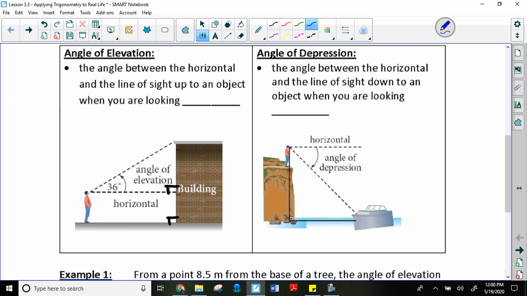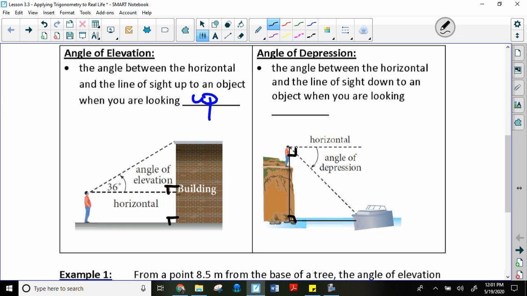Your angle of elevation is the angle between the horizontal and the line of sight when you are looking up at an object. And depression happens if you're standing on a cliff, like in this example, your horizontal still goes straight out. It's still 90 degrees to the cliff. There's a 90 degrees there. There's a 90 degrees there. Okay.